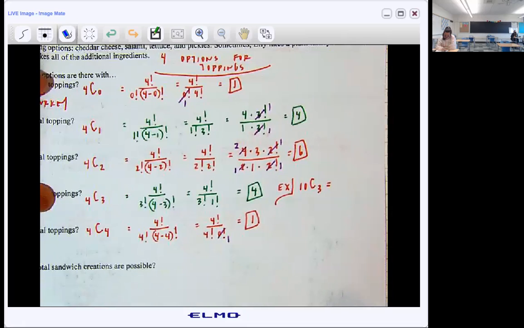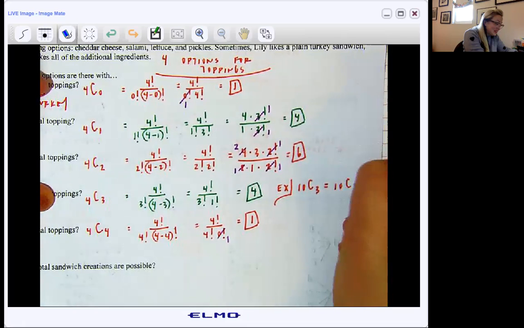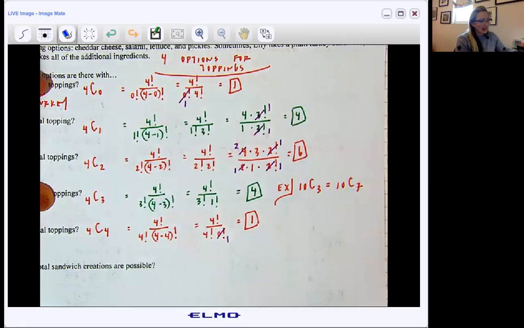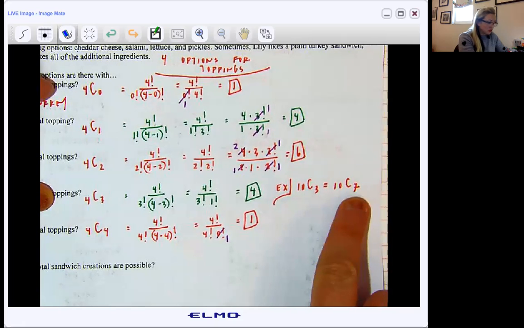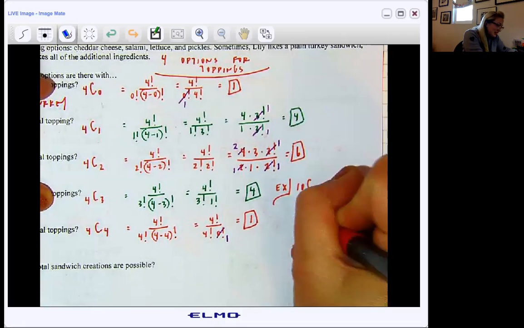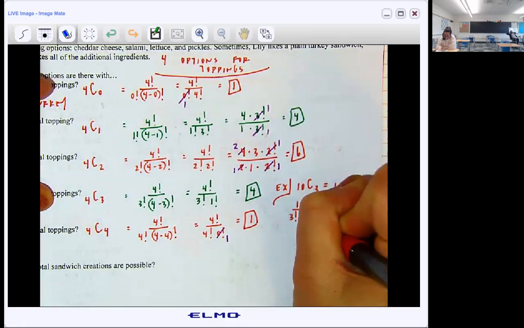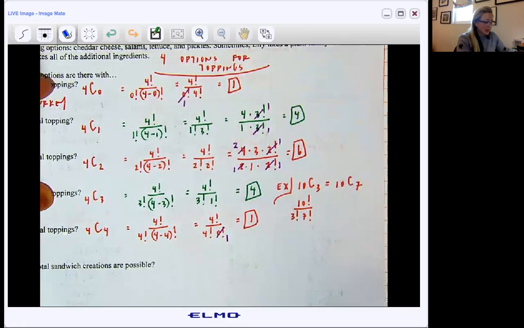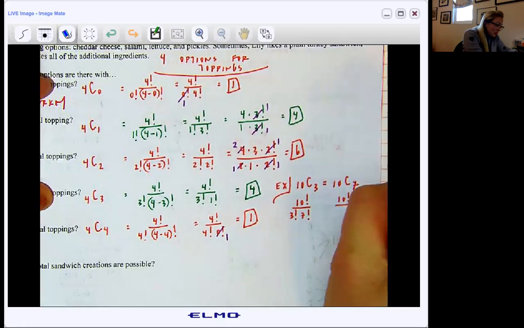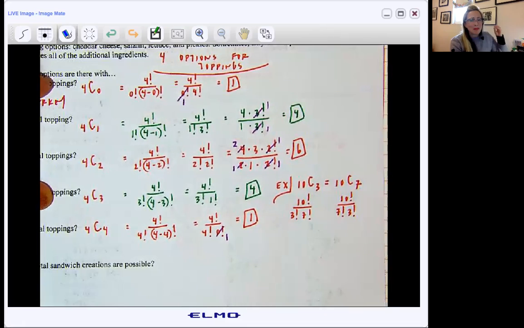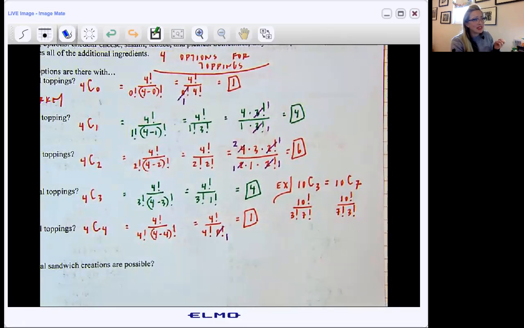It's going to be the same as 10 choose 7, right? Because what's 10 minus 3? 7. If I showed you longhand, this would be like saying 10 factorial over 3 factorial times 7 factorial. And over here, this would be like 10 factorial over 7 factorial times 3 factorial. But it's the same numbers in the bottom. Can you guys see that?